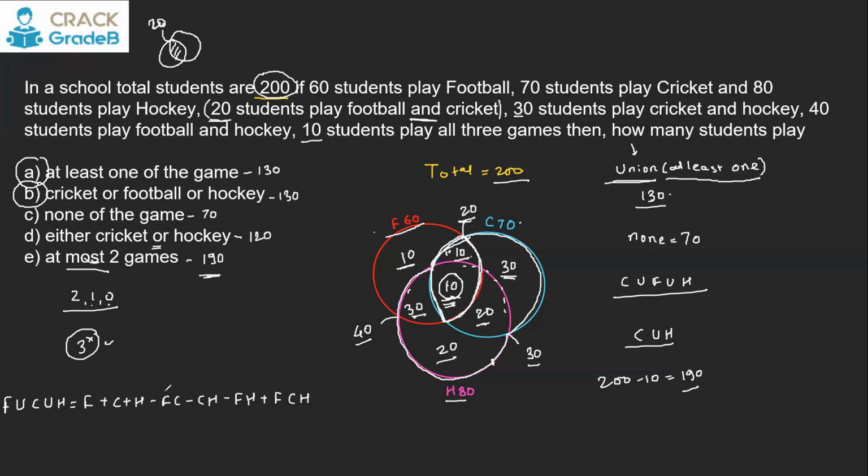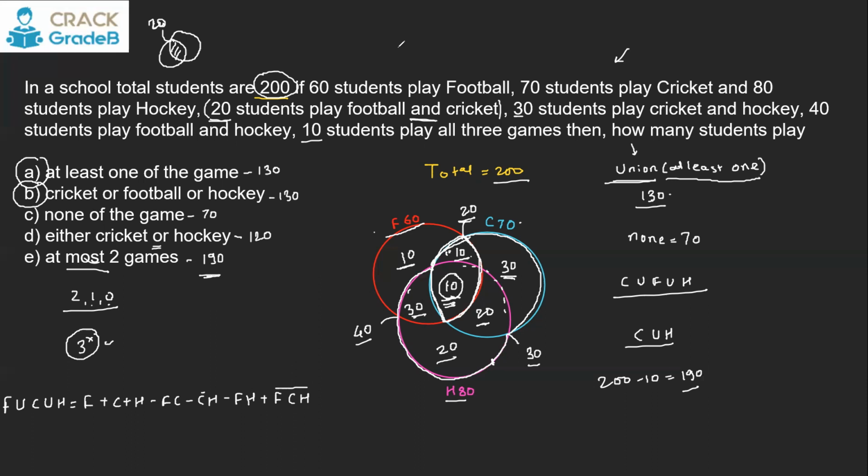Let me explain this part. Football cricket means the people who play football and cricket. Cricket and hockey means people who play cricket and hockey. This means the people who play all 3 games, football, cricket, and hockey. And we have this information given.